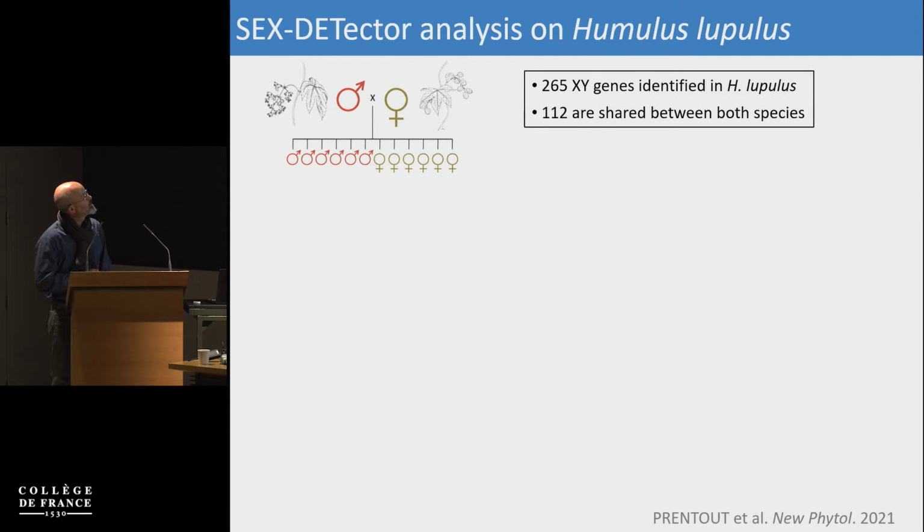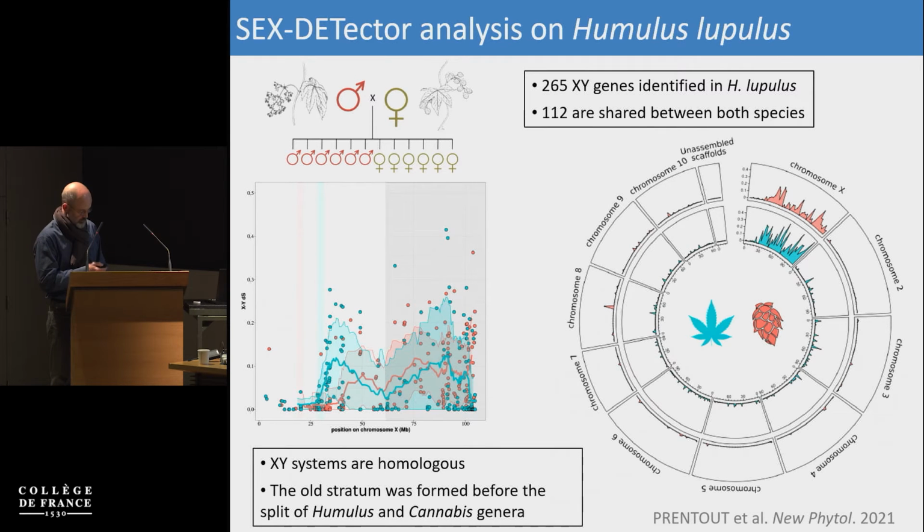Again, we ran sex detector analysis. We found 265 sex-linked genes, and we found that a large part of them are common between both species.